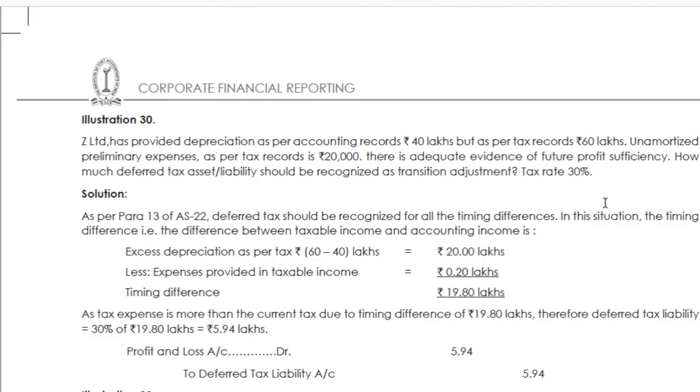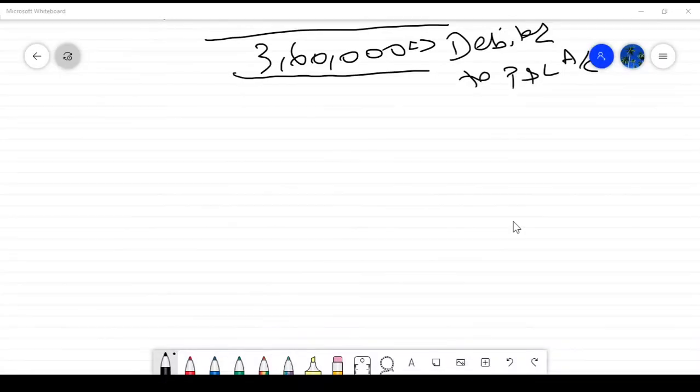First we will understand the depreciation part, then we will understand the preliminary expenses part. So what are they trying to say?